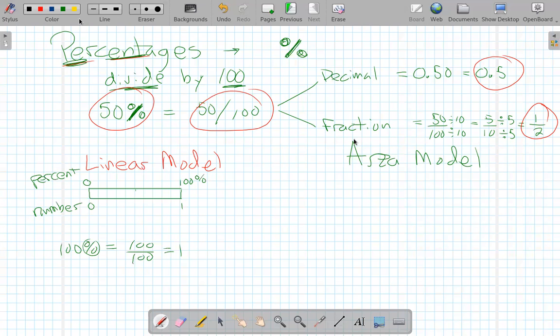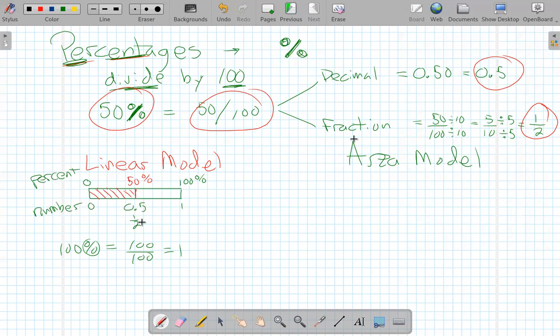So if I wanted to show that on a linear scale, I would go find 10, 20, 30, 40. That right there would be my 50%, which I could also represent as 0.5 or 1/2.